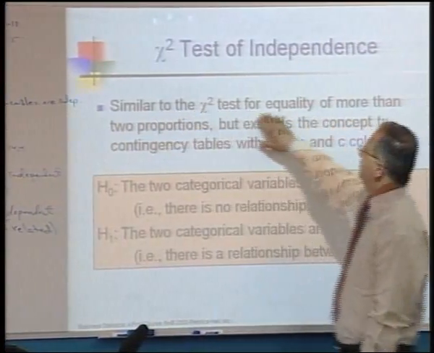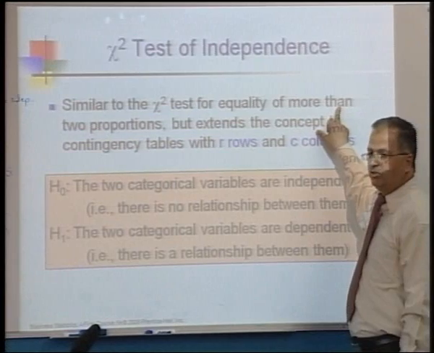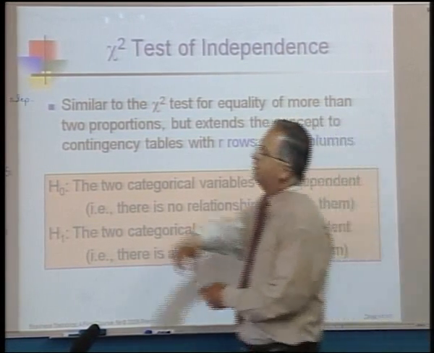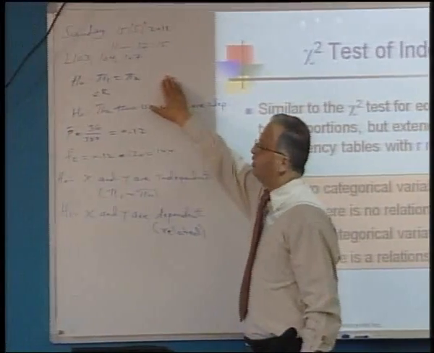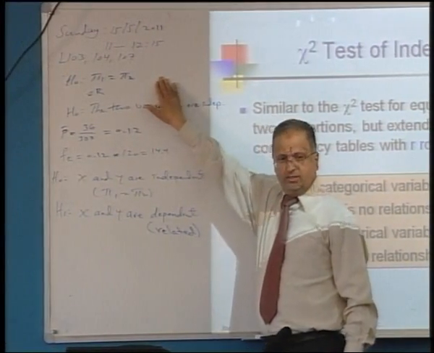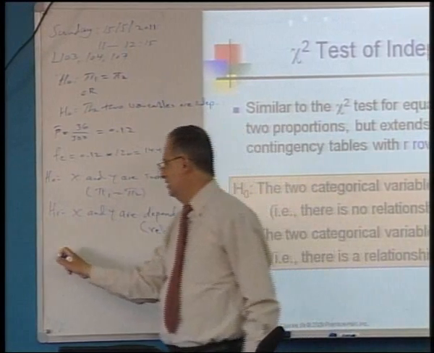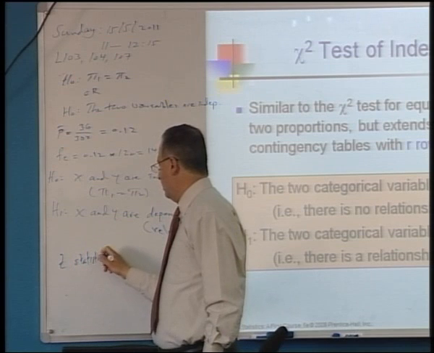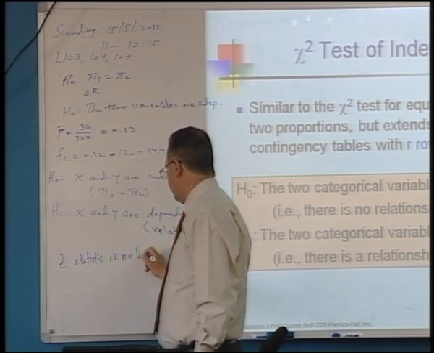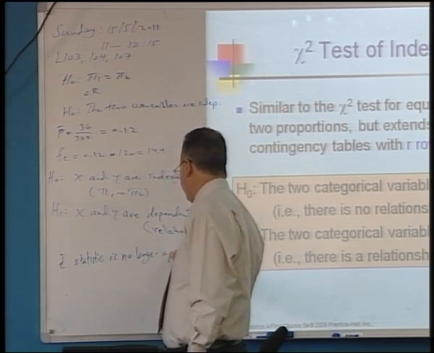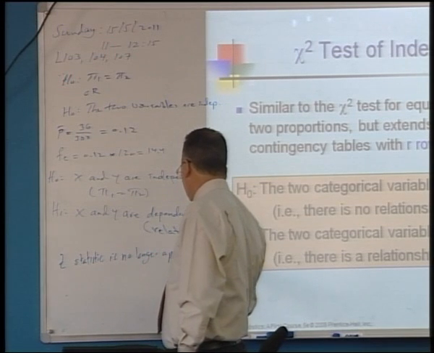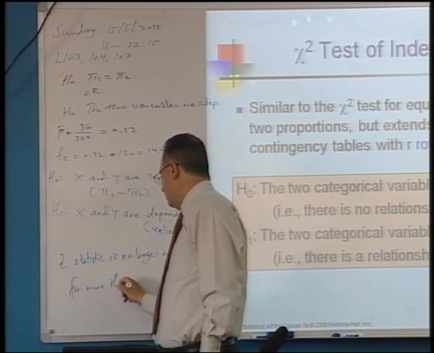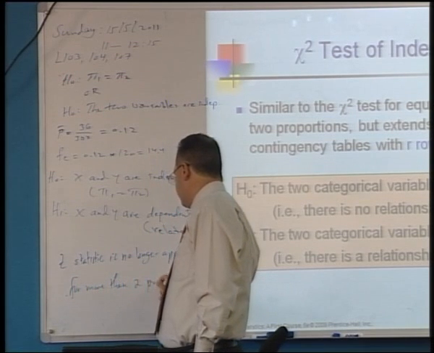So it is similar to the chi-square test for equality of more than two proportions. In order to test to see if more than two proportions are equal, you cannot use this statistic. This statistic is no longer appropriate or valid for more than two proportions.